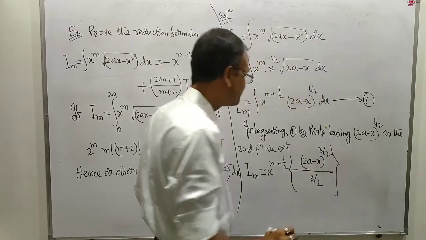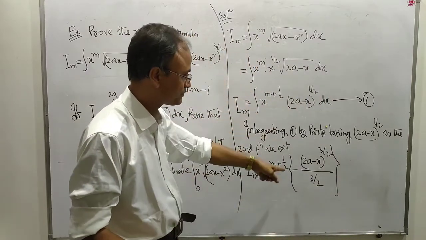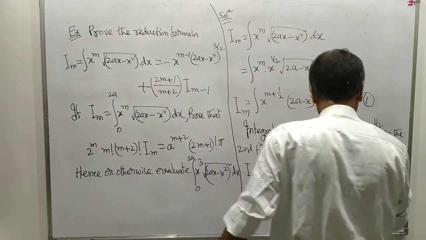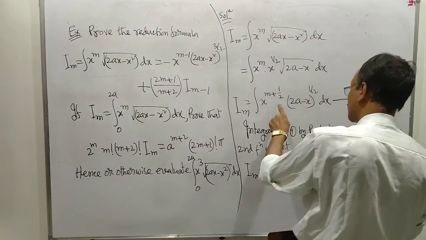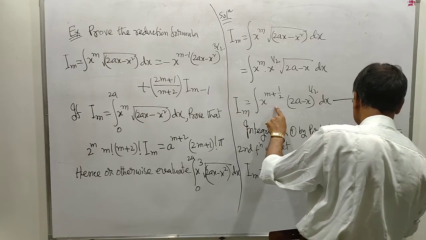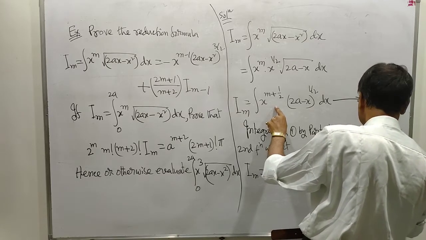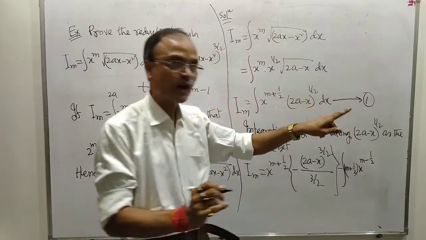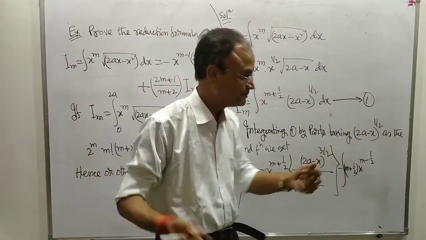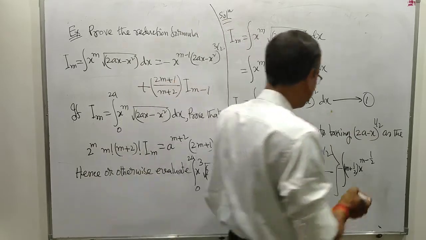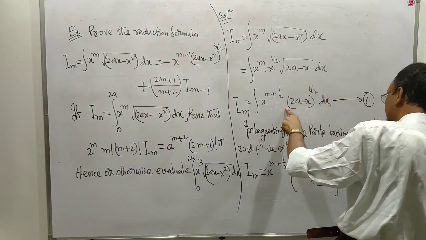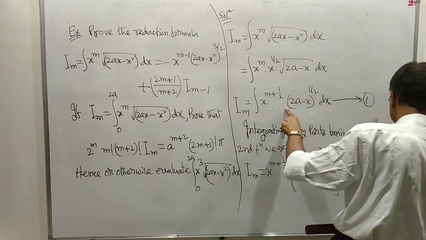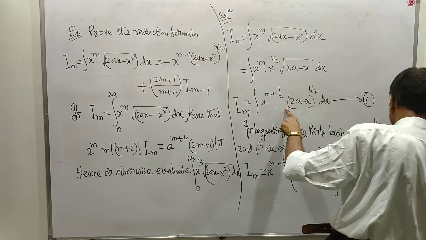Am I right? First function, integration of the second function, minus integration, differentiation of the first function, m plus half, x to the power m minus half (m plus half minus 1 is m minus half), into the integration of this, minus twice a minus x whole to the power 3 by 2 divided by 3 by 2.